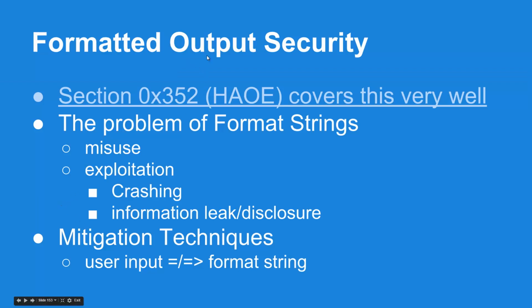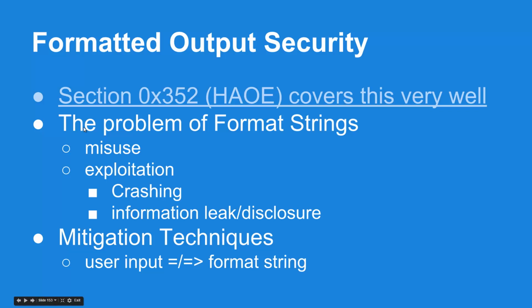Now for format string security. I highly recommend reading through the textbook for this course, specifically section 3.5.2, because it covers this topic very well. And it is one that most people just don't feel like learning or assume that it is a totally fixed and non-exploitable problem by now, which is totally incorrect.